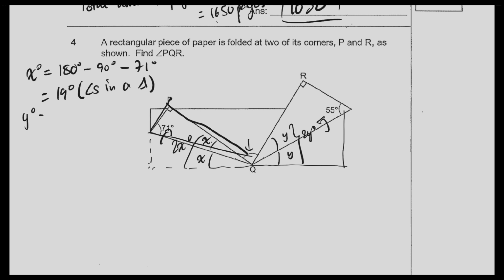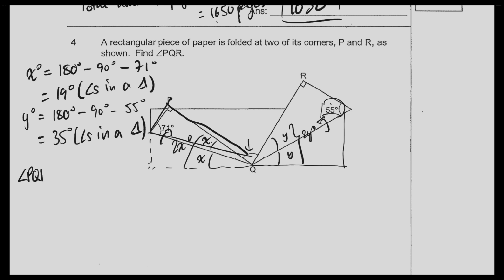And what is Y degrees? We see that it's the exact same formula as X, but it's 55 degrees here. So we just take 180 minus 90 minus 55. We'll get 35 degrees due to the same angle property. Now we can find PQR.